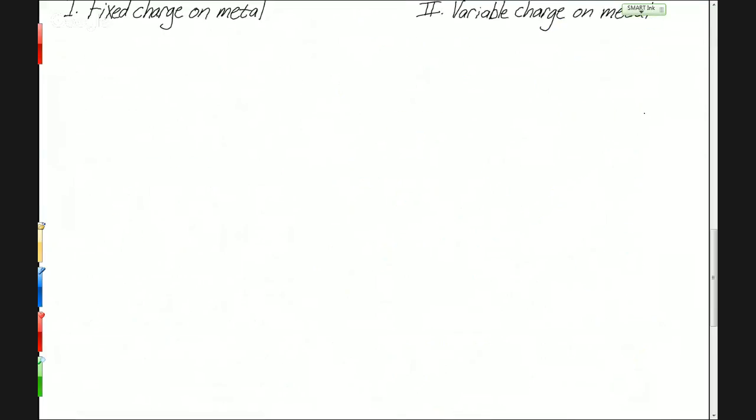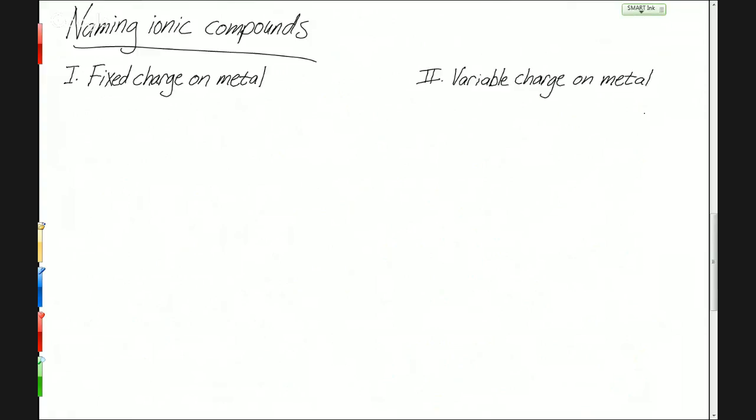With naming, it's the same. Two categories. So the fixed charge on the metal means that we know the charge. Just by looking at what metal it is, we know what the charge is, or we can figure it out. Maybe we don't know it, but we can figure it out.